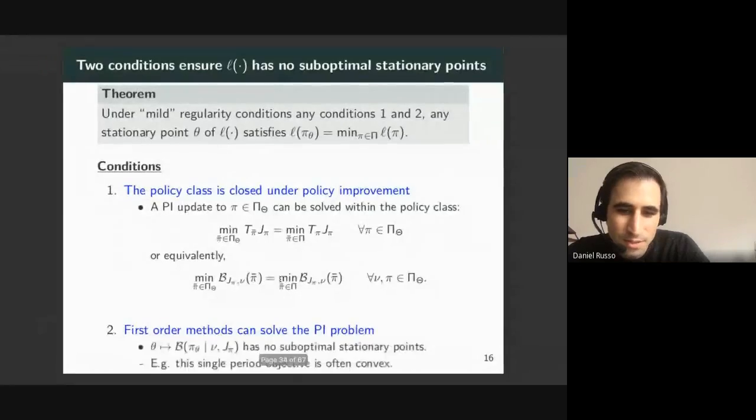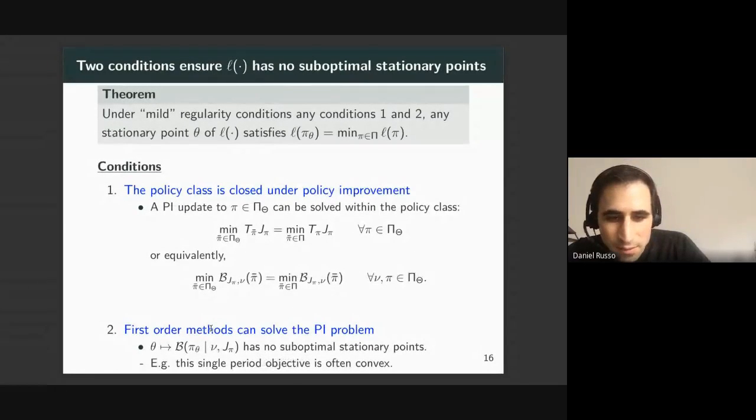Good question. I think that what happened in the new version of the work is that we relaxed that to be just a comment about the stationary points of the one period problems.